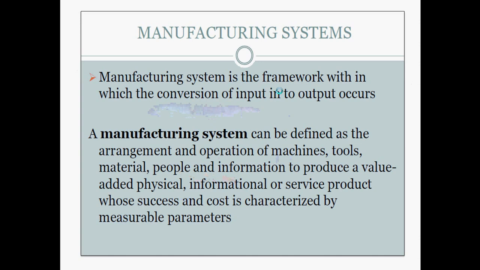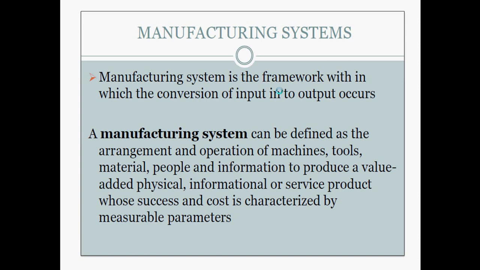Next is the manufacturing system. We already discussed manufacturing processes. A manufacturing system is a framework in which the conversion of input to output occurs. It requires different resources, which we can plan, and then we can schedule according to the required information from the people and outside.